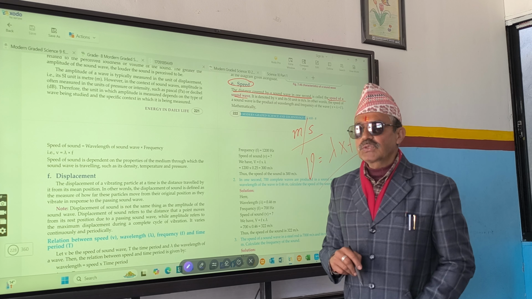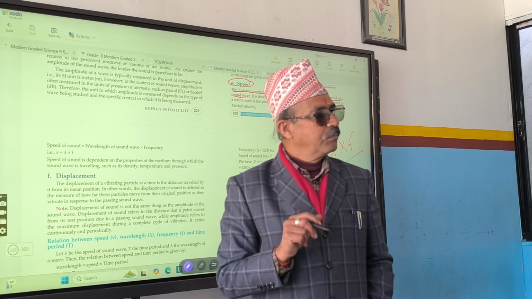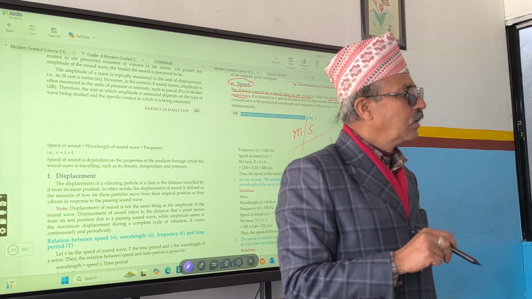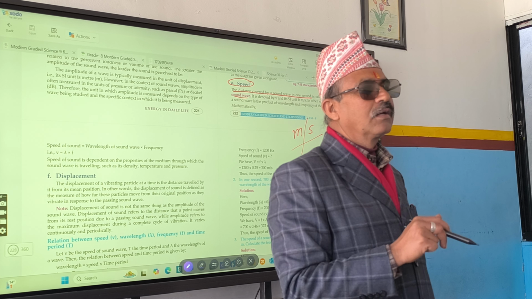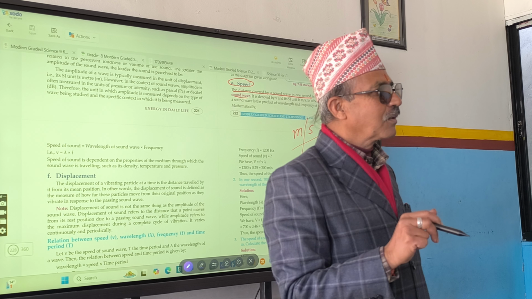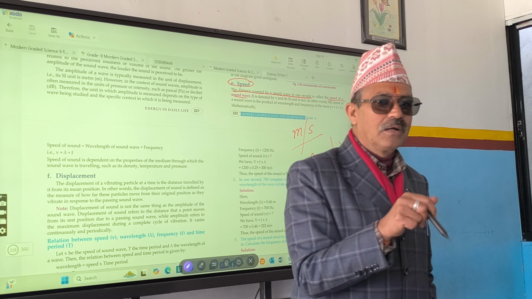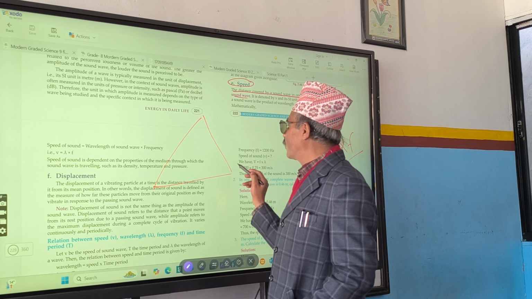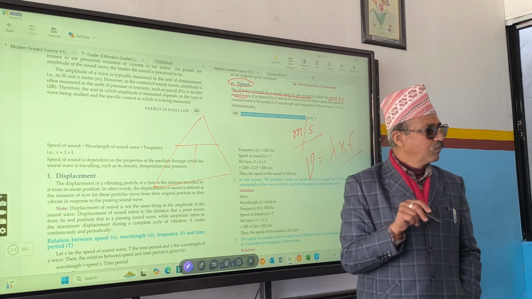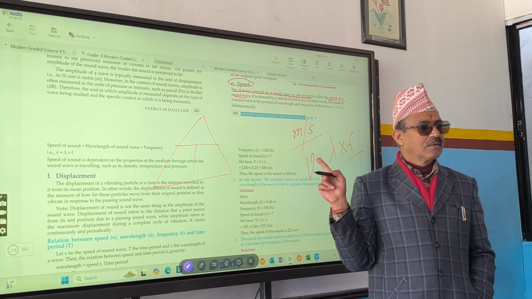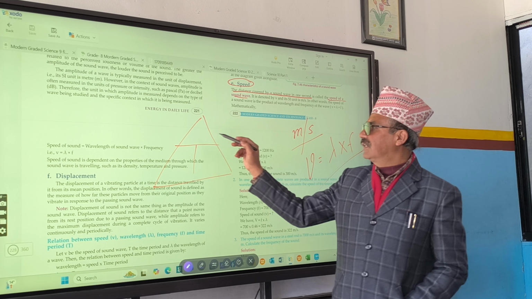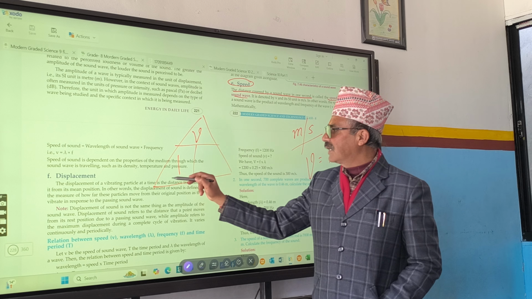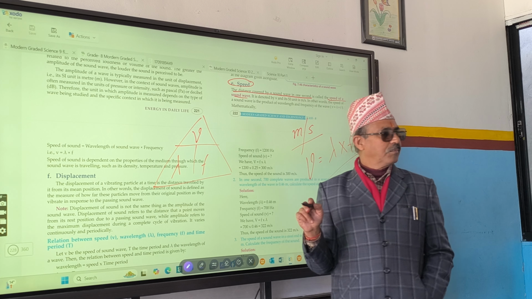V equals to lambda into F. V equals to lambda into F. Five times. And we can remember it by using this triangular formula. V equals to lambda times F. Very simple.